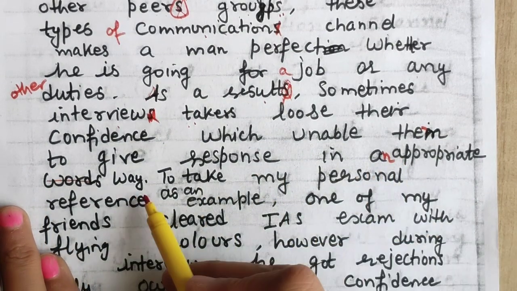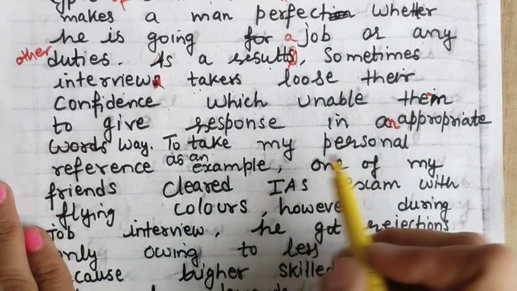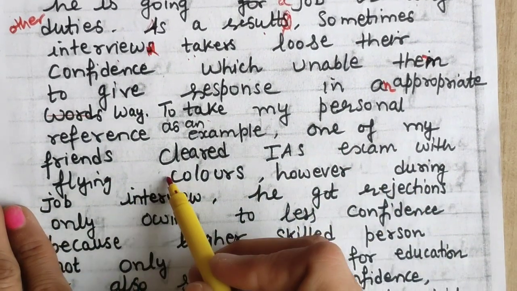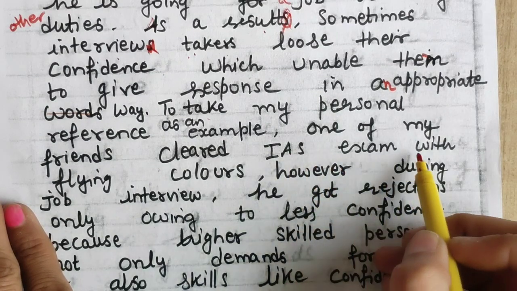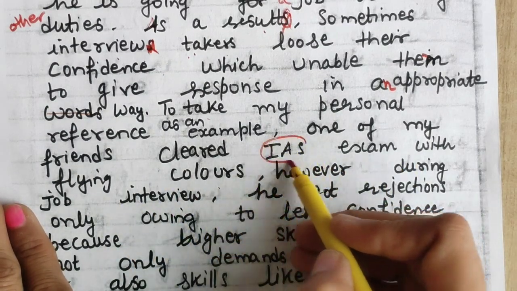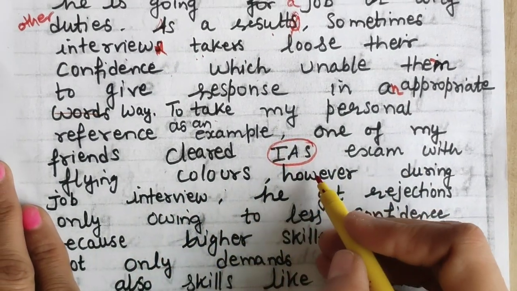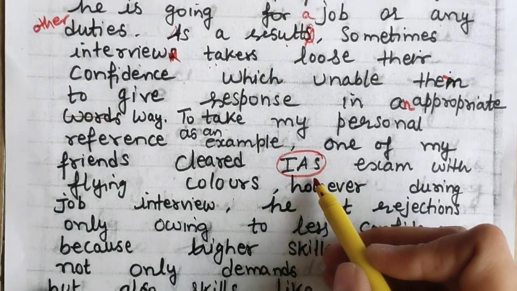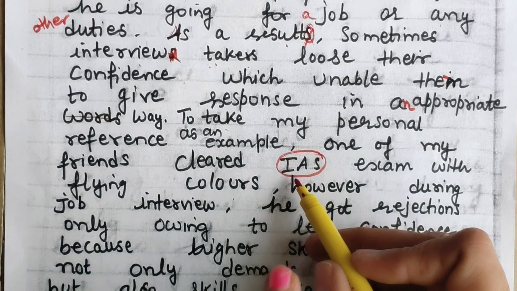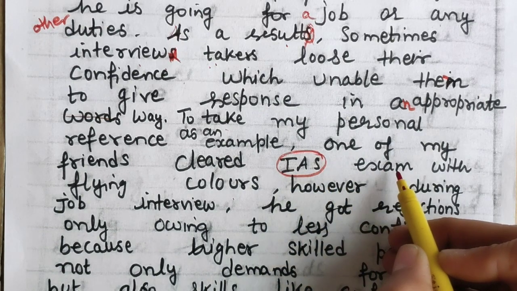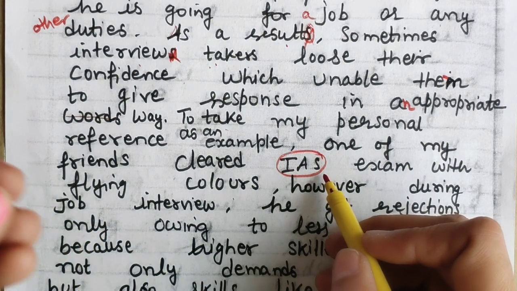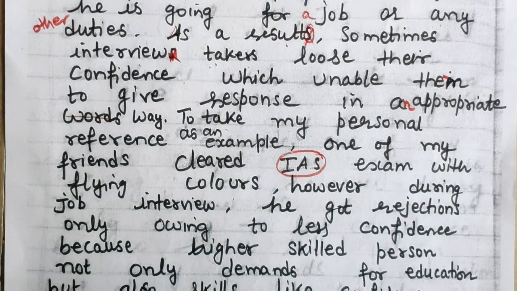To take my personal reference as an example, okay, one of my friends cleared IAS exam with flying colors. So what is IAS officer? When a native speaker is checking your IELTS writing task two, he will not come to know what is IAS. Either you should expand it or just take any other international or national exam instead of IAS.